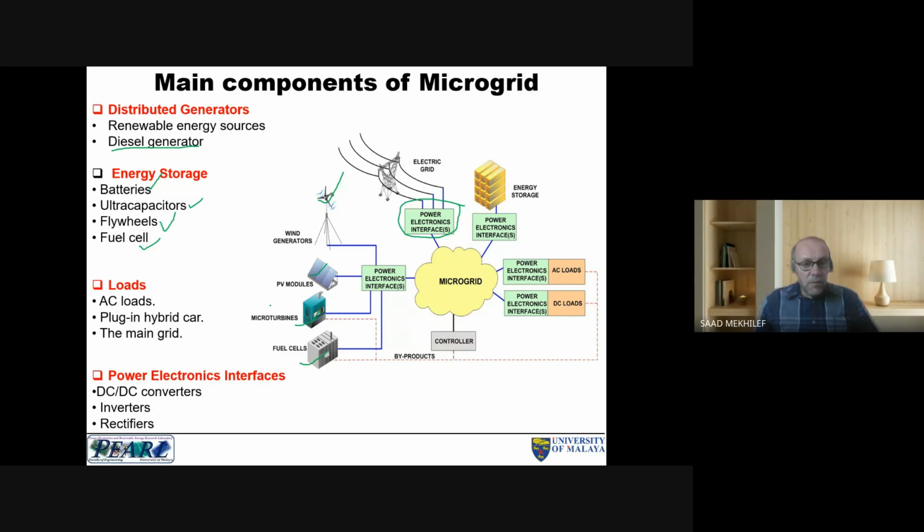If you're talking about a green grid that is 100% green, you can have a green microgrid, but you cannot have a green grid. It's almost impossible at the moment, maybe in the future we will have it.